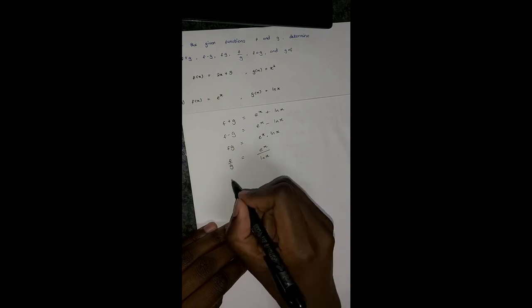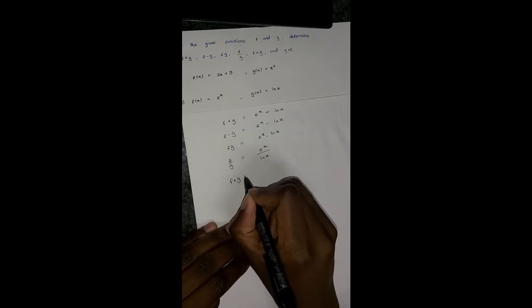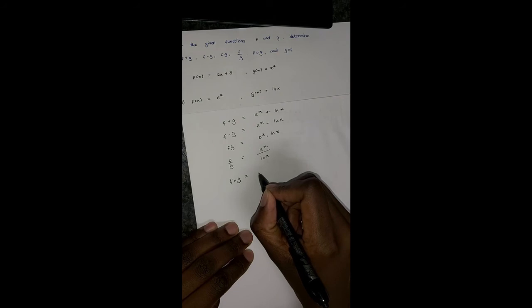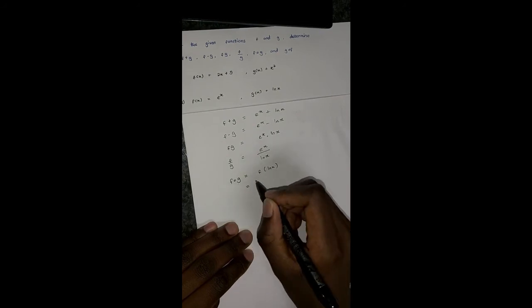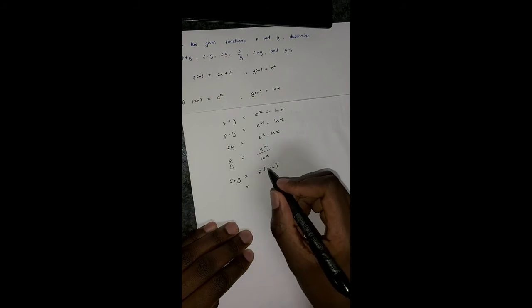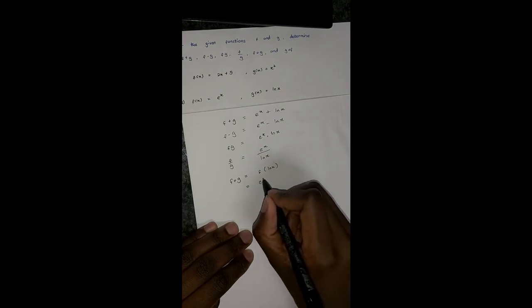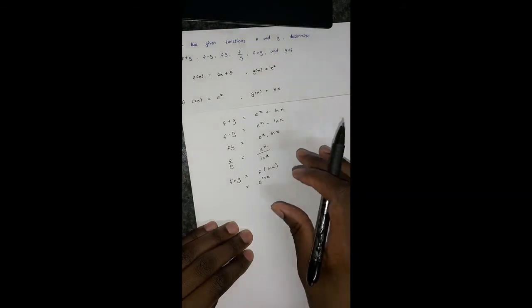and f of g being given by f of ln x, which is exponent of ln x. And then this can be further simplified, but I'll only talk about it in theme 1.7 and 1.8.